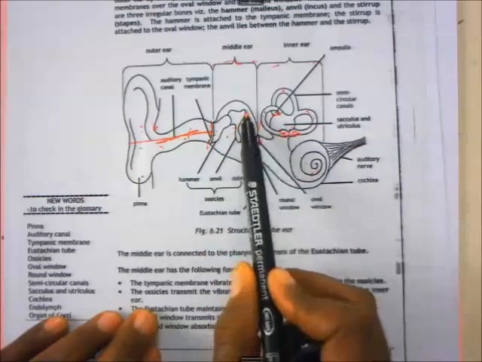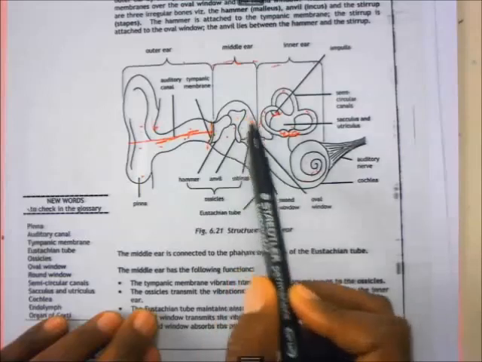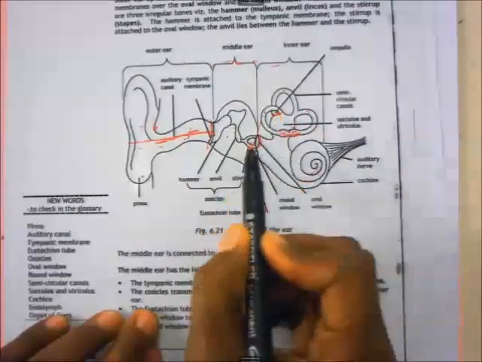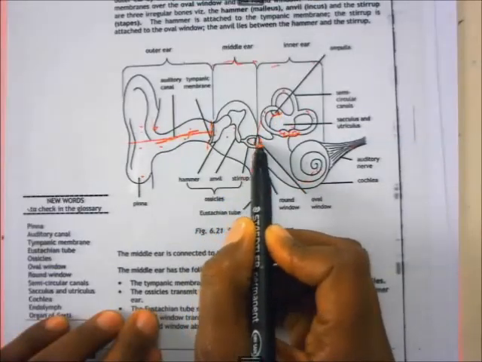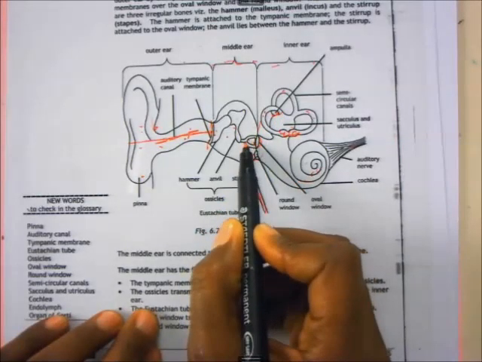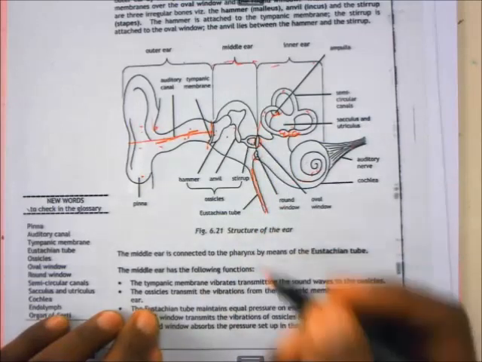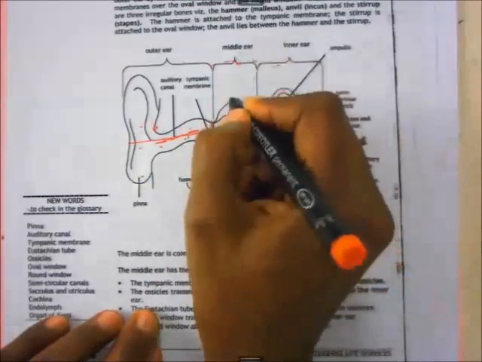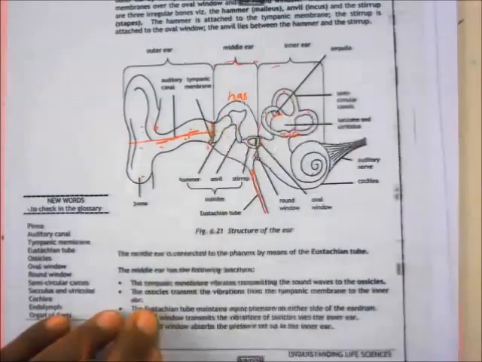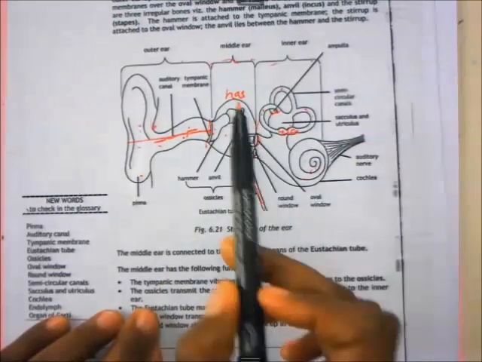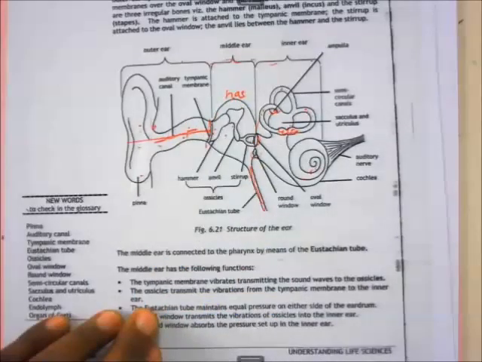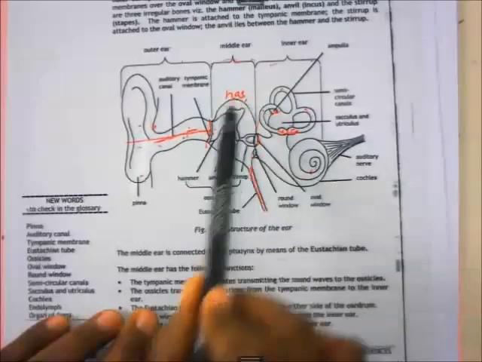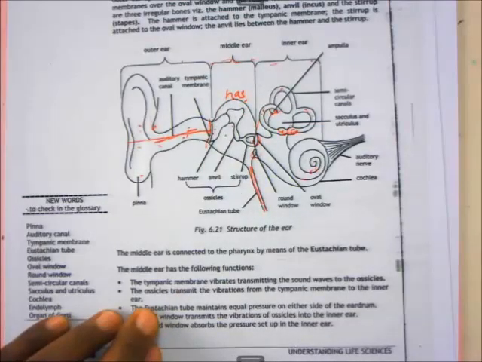The function of the anvil is to take the vibrations to the third ossicle that is resting upon the oval window, which is called the stirrup. The easiest way to remember the order of the three bones is to use HAS. H stands for the hammer, A stands for the anvil, and S stands for the stirrup.